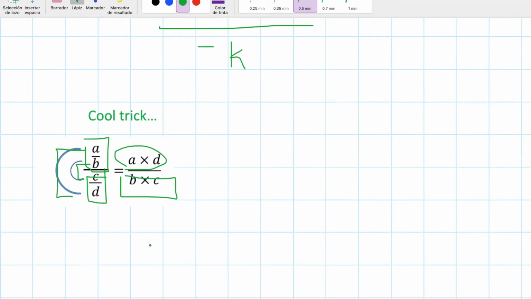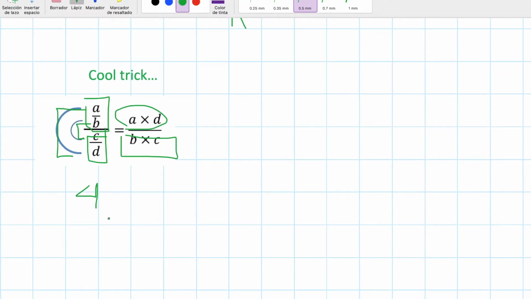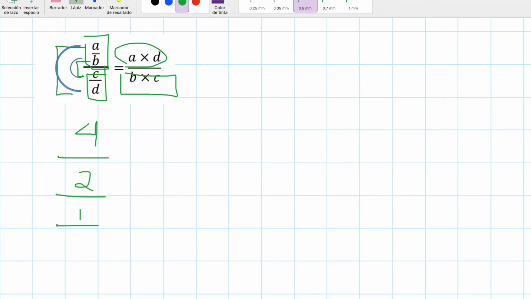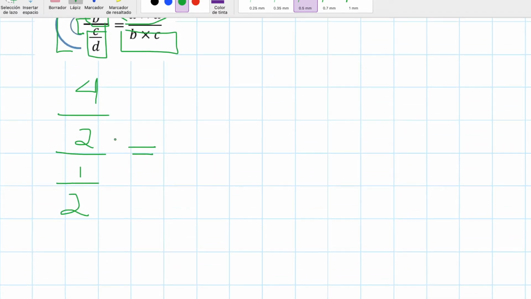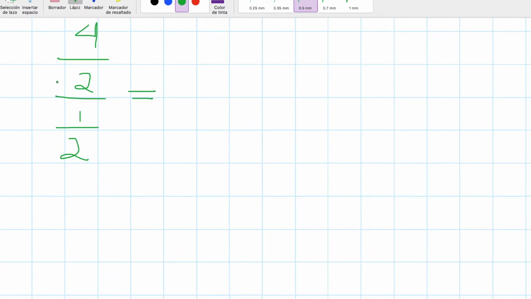Just a quick example: 4 over 2 divided by 1/2. We already know the answer for this one, right? I'm using easy numbers so you can see it actually works. 4 over 2 is 2, and 2 divided by 1/2 gives you 4.